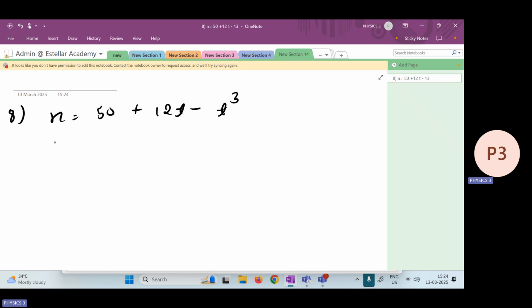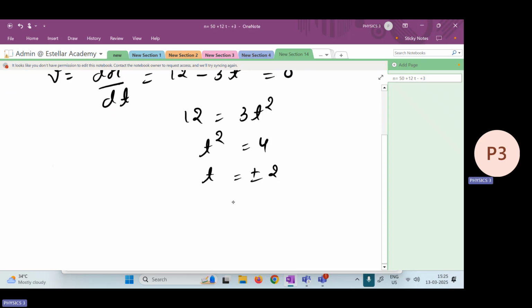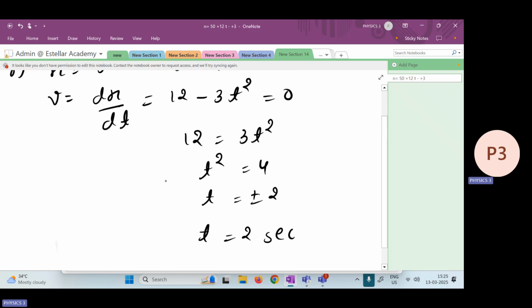So it comes to rest, so its velocity becomes zero. Now velocity we can write dx by dt, so it should be 12 minus 3t square. It should be zero. So 12 should be equal to 3t square. So t square should be equal to 4. So t should be equal to plus minus 2. As time can't be negative, t comes out to be 2 seconds.